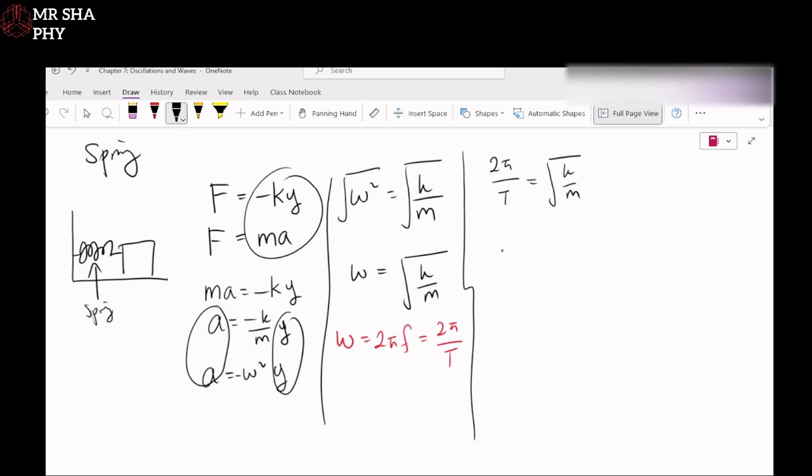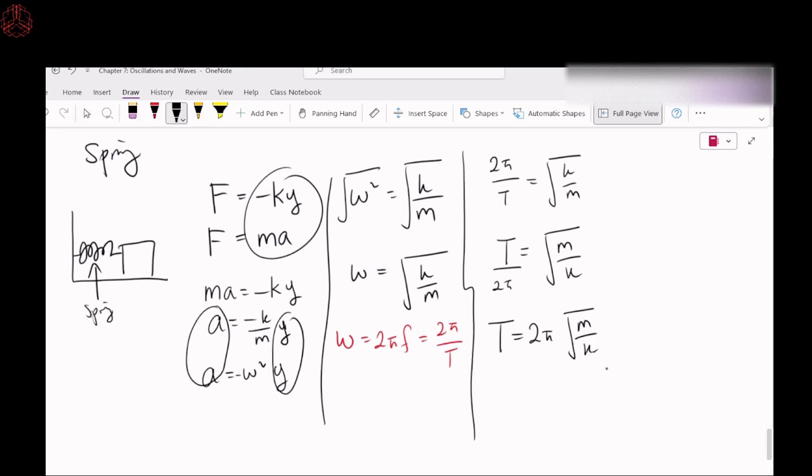I can just reshuffle that. I will have T over 2 pi equal to the square root of m over k. And I'm left with T equals 2 pi times the square root of m over k. All right? So this is my period equation for the spring system.